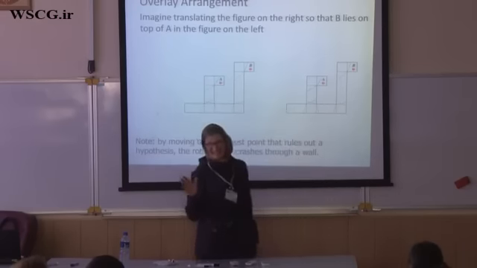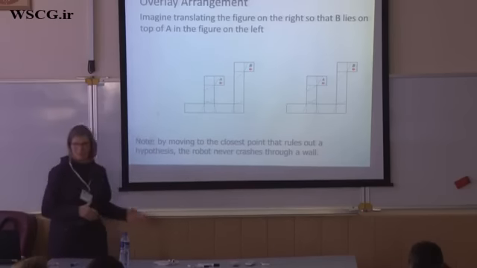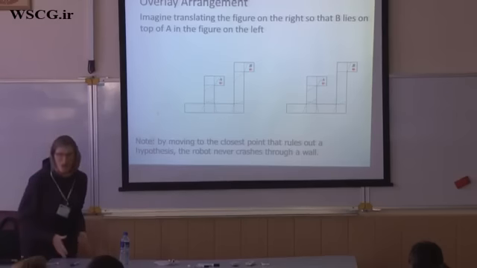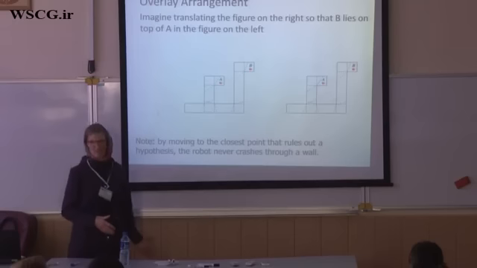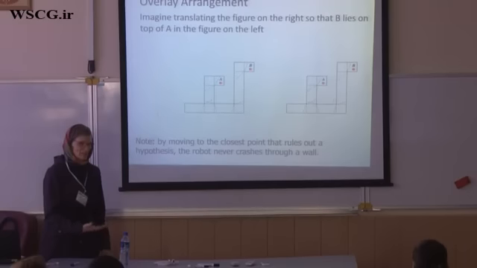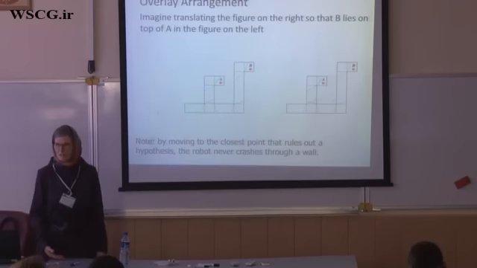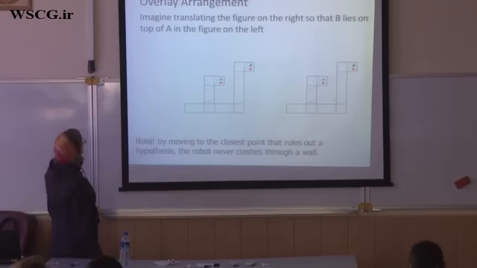That would tell you that you're in a hypothesis such that there's a wall there, and you're not in a hypothesis that doesn't have a wall there. So you're definitely not going to be going through any walls with this. A wall would allow you to rule out at least one hypothesis. Okay, so it's safe.